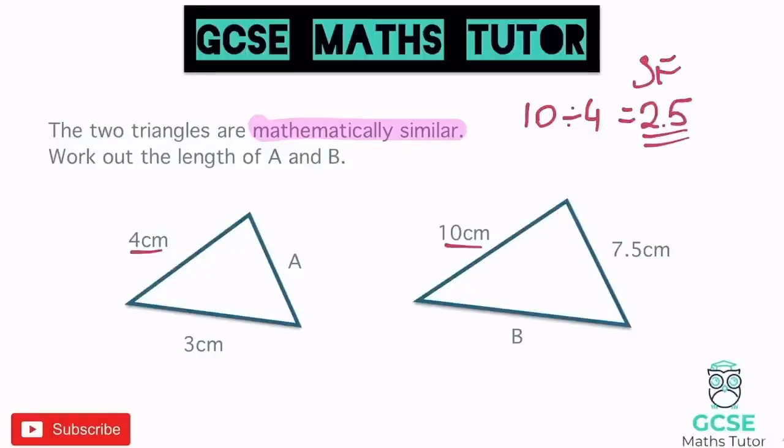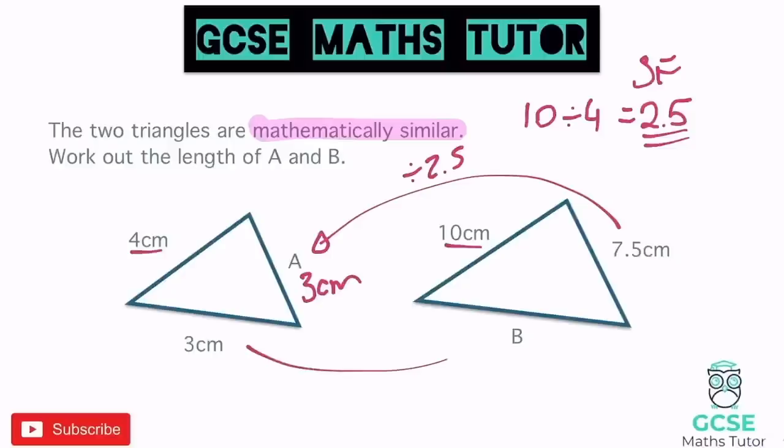So to get from a small one, let's have a look at A to start with. We've got to get from 7.5 back down to A. So that's going from the big shape down to the little one. So to get from the big one down to the little one, we divide by the scale factor. So divide by 2.5, and 7.5 divided by 2.5 will be 3 centimetres. And that's actually going to show the same for this other one here, look, because this one's 3 as well.